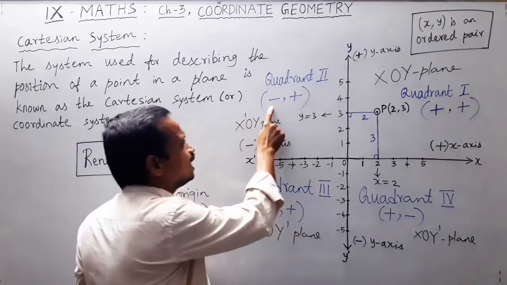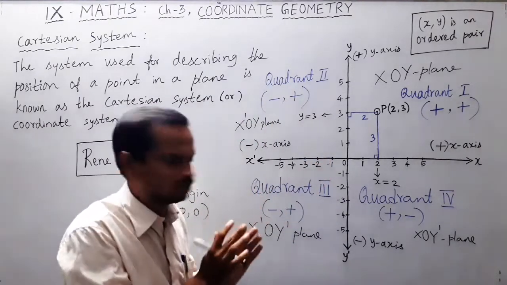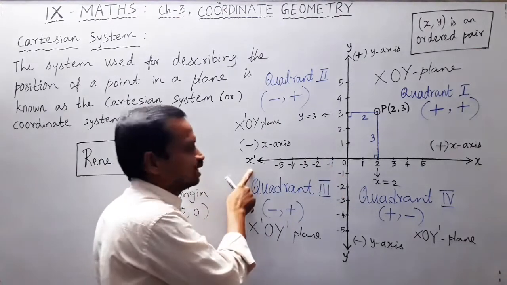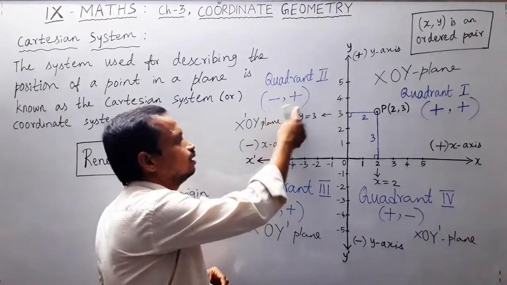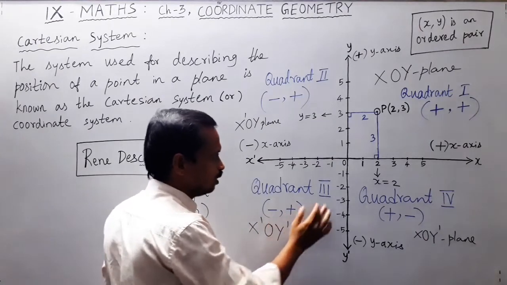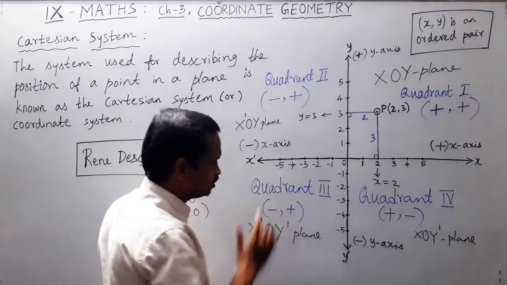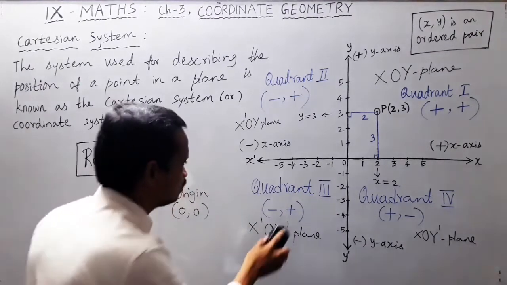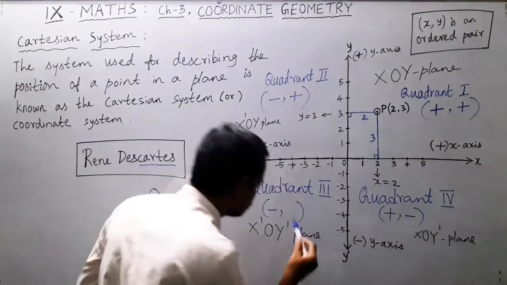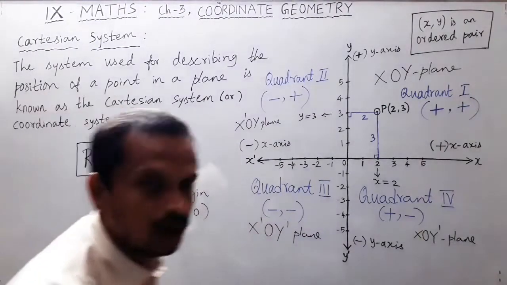So here it is minus, plus. Minus represents x, because first we take x. So what is the x here, negative or positive? Negative, so negative direction, so minus. And then y is positive. Coming to quadrant 3, first x is negative, y is negative, so minus, minus.